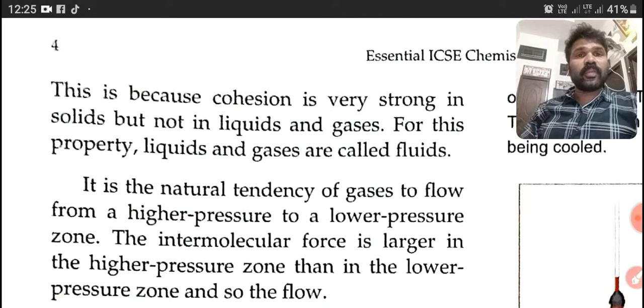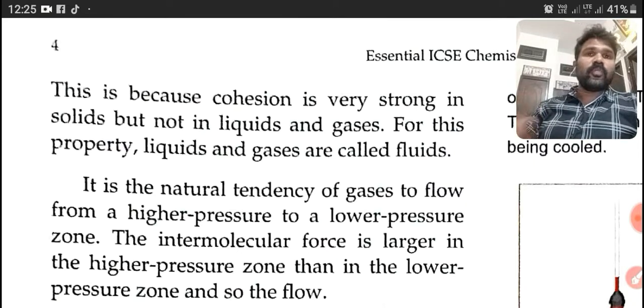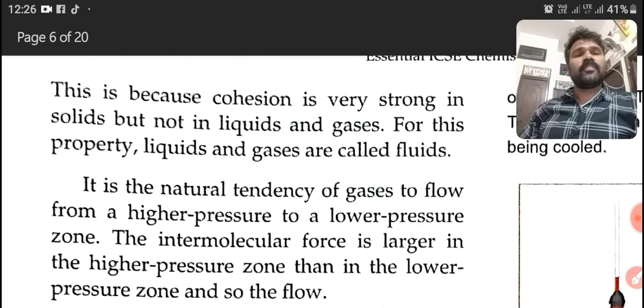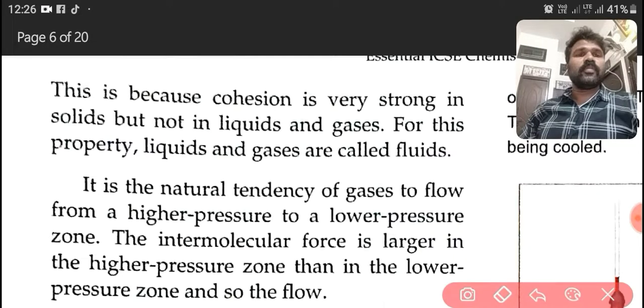This intermolecular force is very strong in solids but not in liquids and gases. That's why liquids and gases flow. For this property, liquids and gases are called fluids. Why are liquids and gases called fluids? Because they both flow.